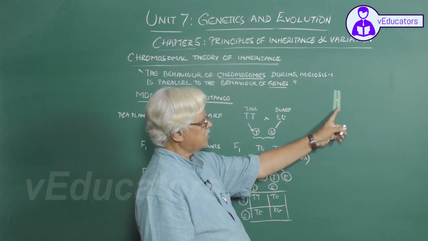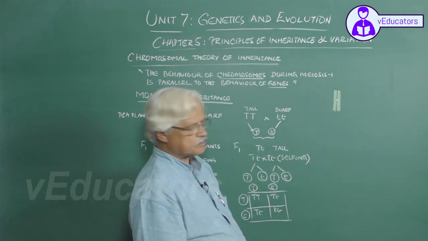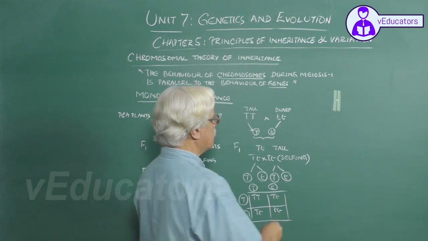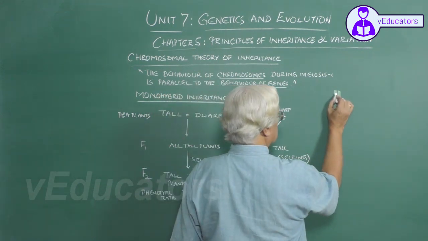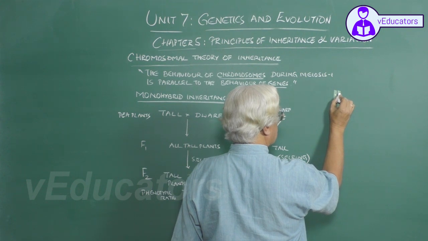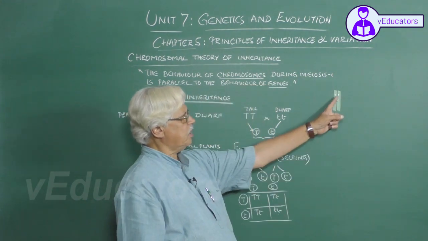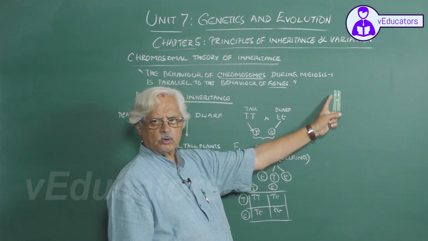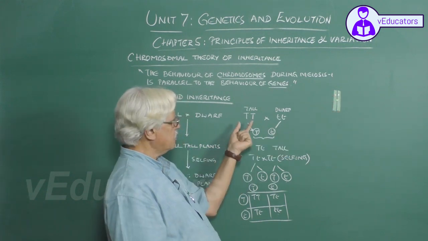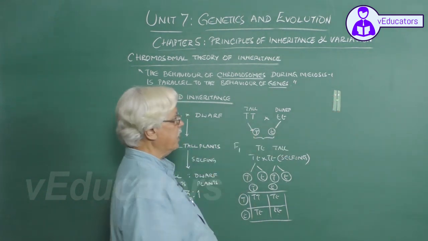These are the two chromatids, this is the centromere, and let us say the gene responsible for length of the stem is located on the same locus in the two chromosomes. This is a homozygous tall plant.